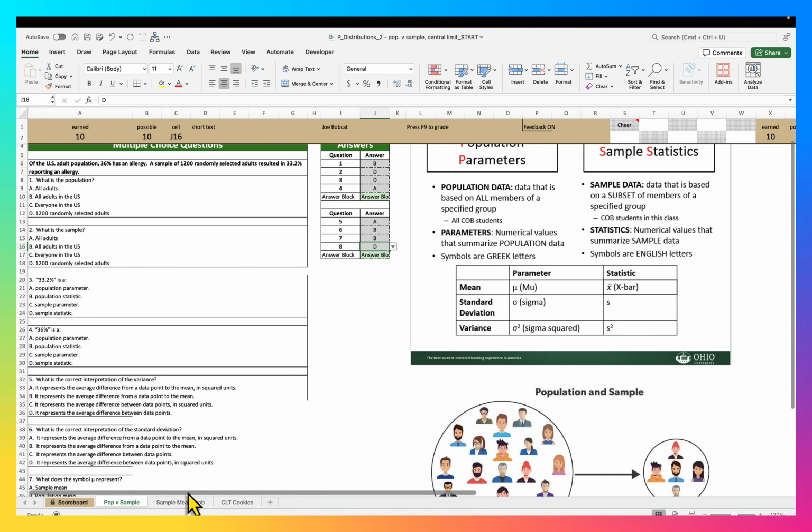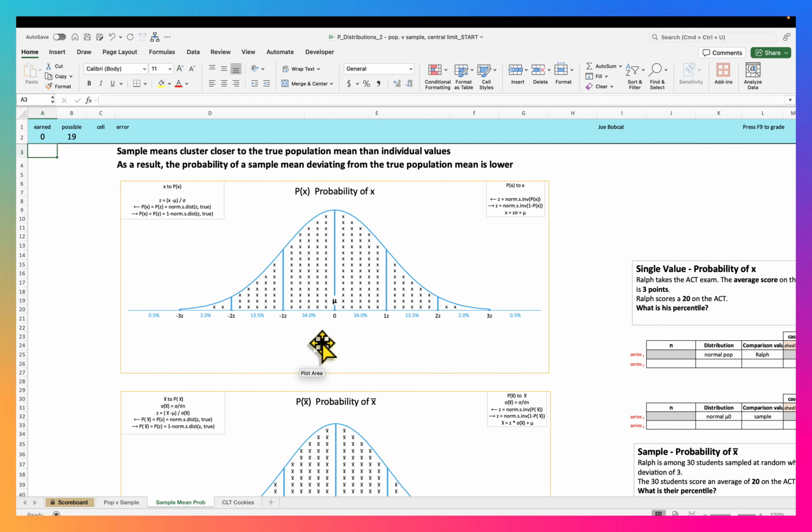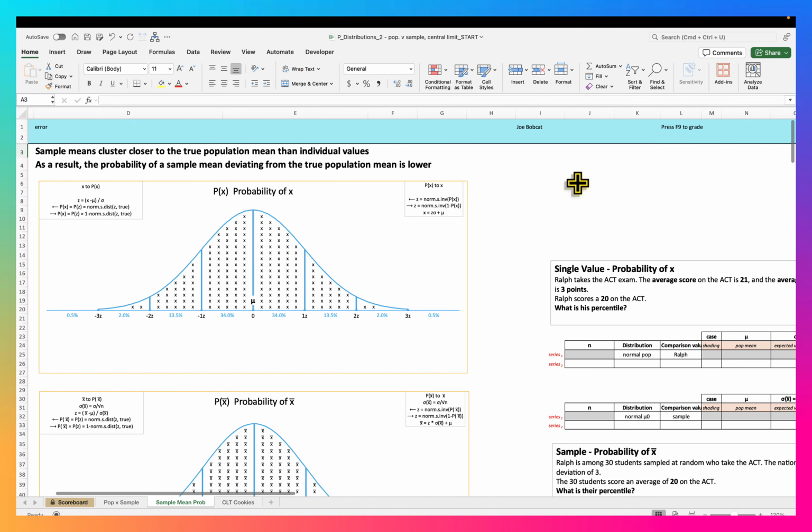Okay. In our next tab, we have that sample means cluster closer to the true population mean than individual values. As a result, the probability of a sample mean deviating from the true population mean is lower. So we're actually going to see this. We're going to revisit a problem that we did in the prior unit with Ralph in the ACT exam.